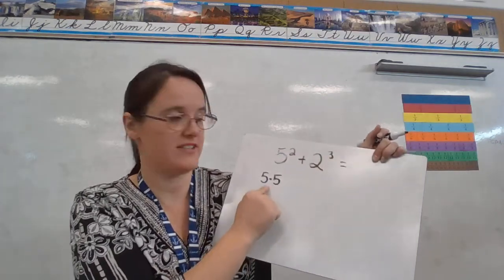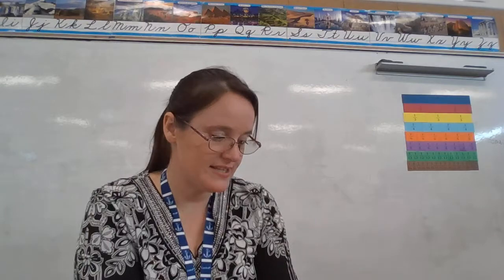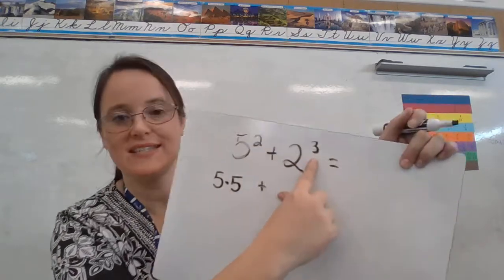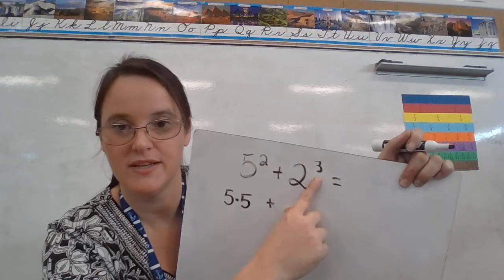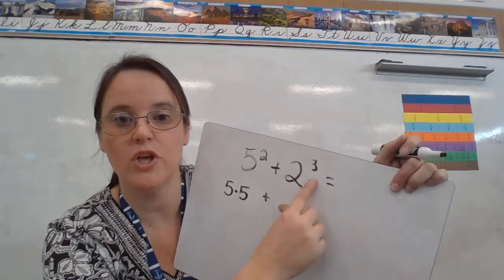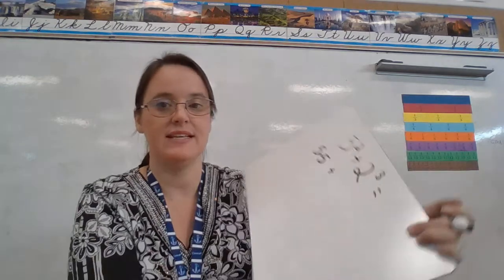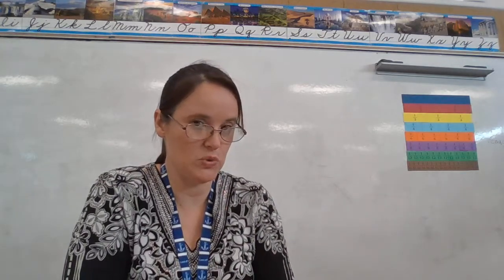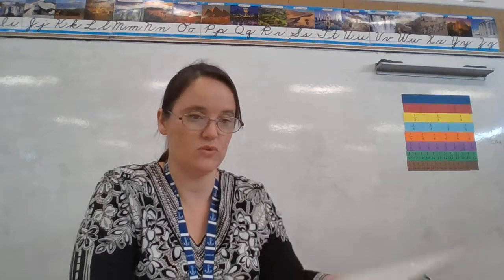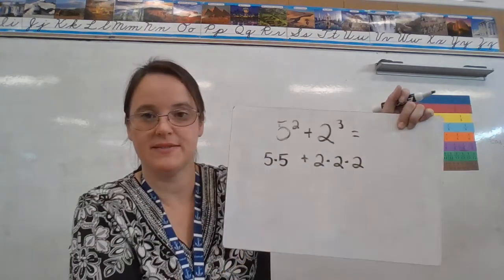So here's my 5 squared, plus we read this number when the exponent is a 3, we say cubed. So 2 cubed is going to be 2 times 2 times 2, 3 times.